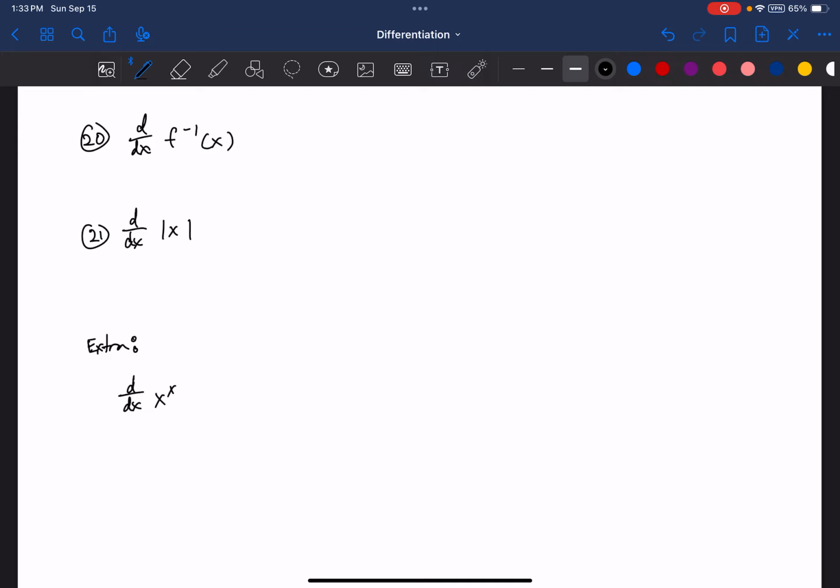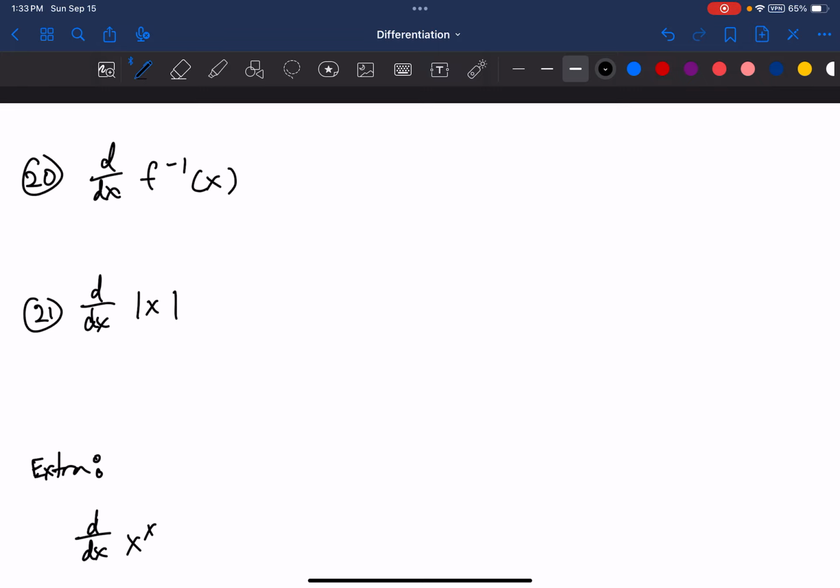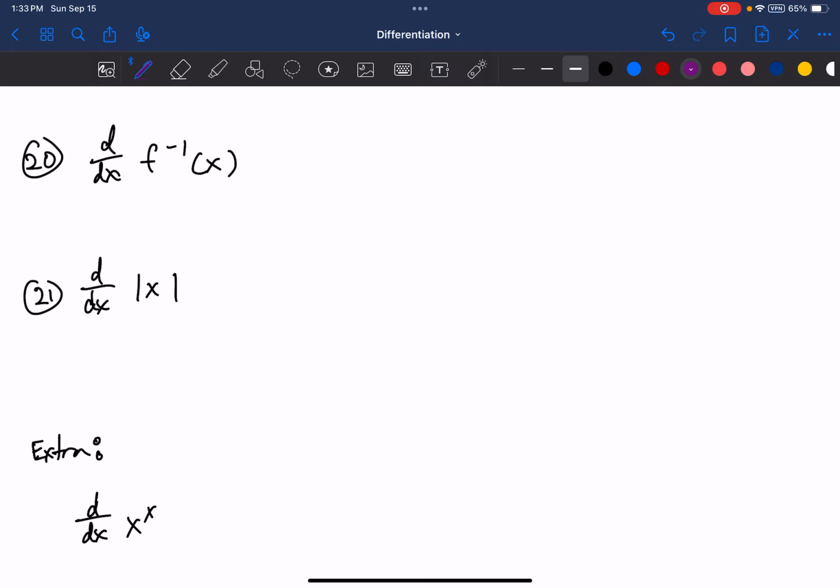So, for the inverse function, to remember the proof for this, you just have to do something like this, right?